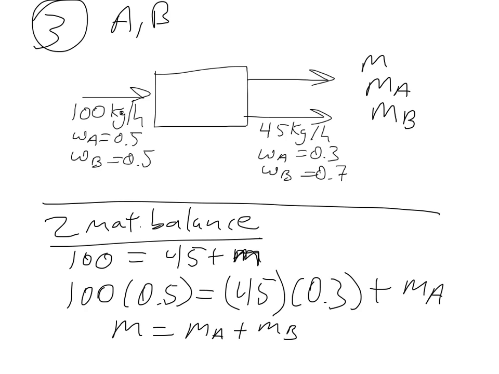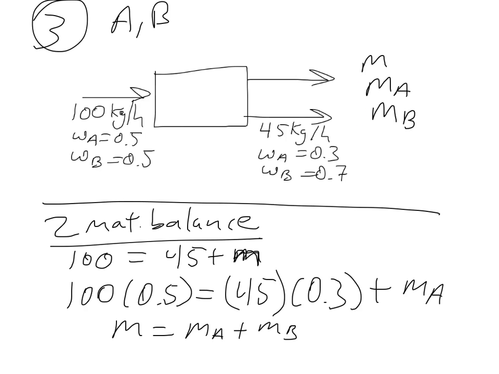We could define mass fractions for this particular stream, where we have WA and WB as our two variables. The second method was WA, with the second variable defined as 1 minus WA. And the third technique is we simply define flow rates for species A and B, MA and MB.